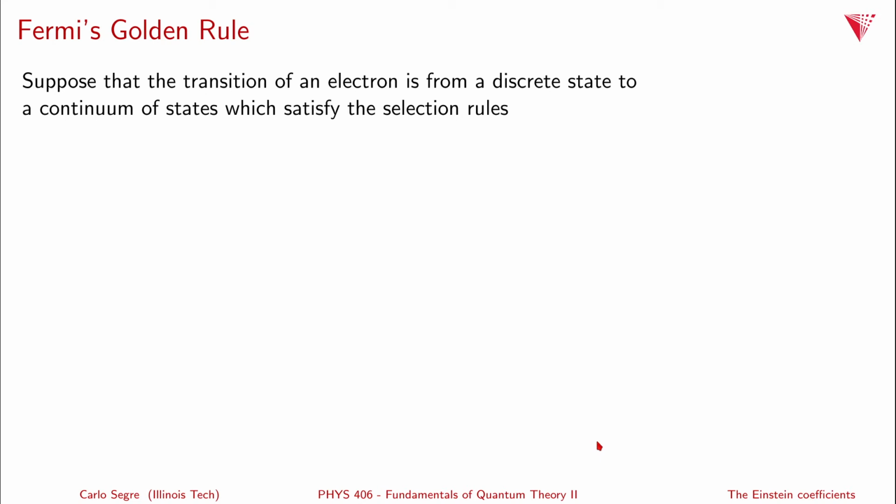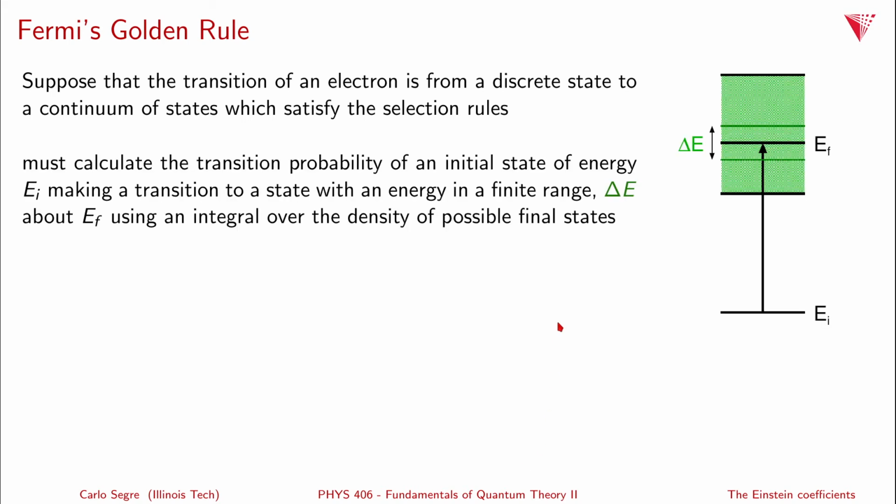Now, let's suppose that you have a transition of an electron from a discrete state to a continuum of states, and all these states satisfy the selection rules. So you have your initial state energy down here, your final state energy is up here, and there's a whole bunch of states in here, all these green states, that satisfy the selection rules.